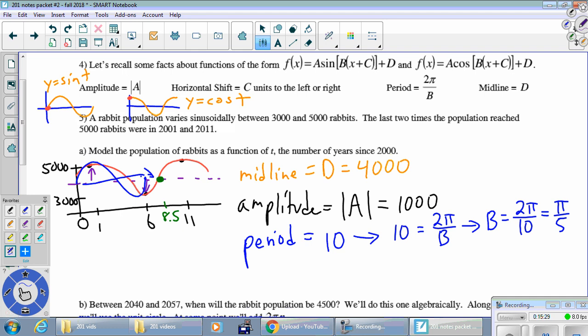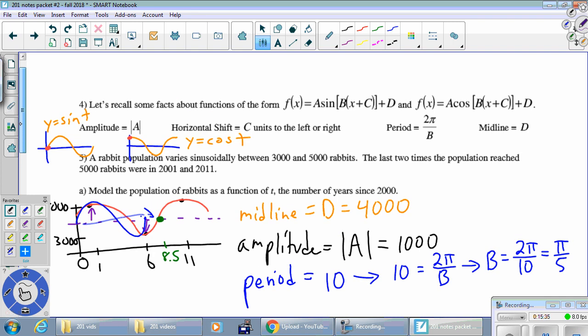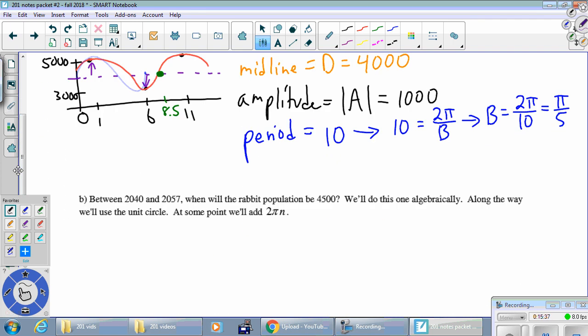And so when I want to shift to the right, I need that 8.5 to be negative. So one possible version of my function involves using a sine graph, in which case we're letting c equal negative 8.5, which corresponds to 8.5 to the right.